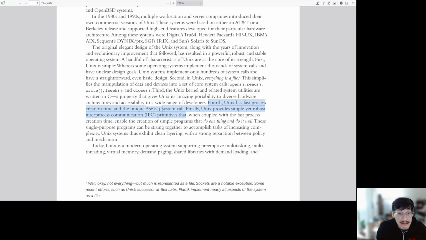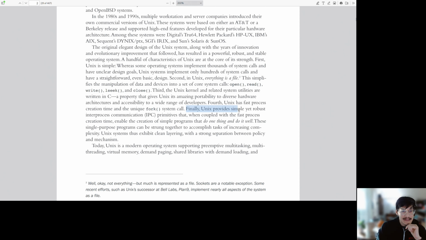Fourth, Unix has fast process creation time and the unique fork system call. So remember fork, everybody? We learned fork is basically a system call for a process to create a child process that is a copy of itself. Literally a copy, like sharing the same contents of memory.